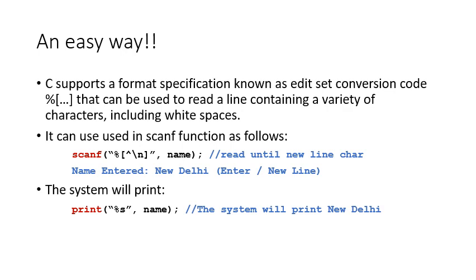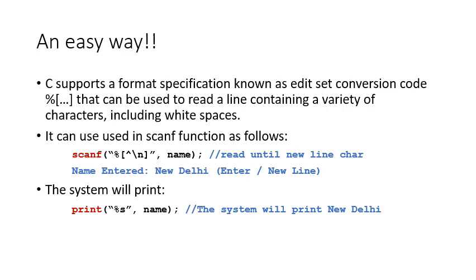You can do that, but we suggest reading character by character because it will be helpful in the long run. You can do multiple other processing with the help of the while loop and getchar, but you can do only this specific thing with the edit set conversion code. So practice more on this while loop and getchar type of functionality.